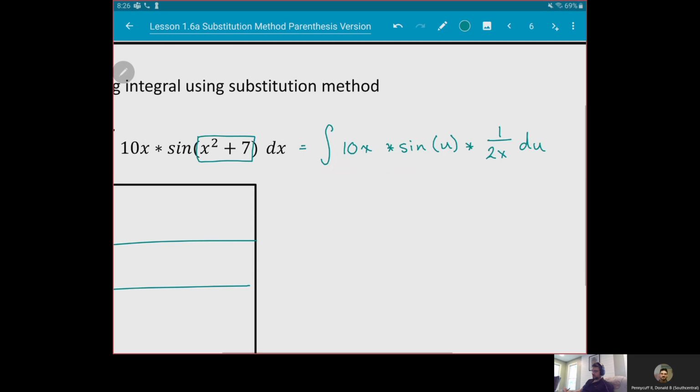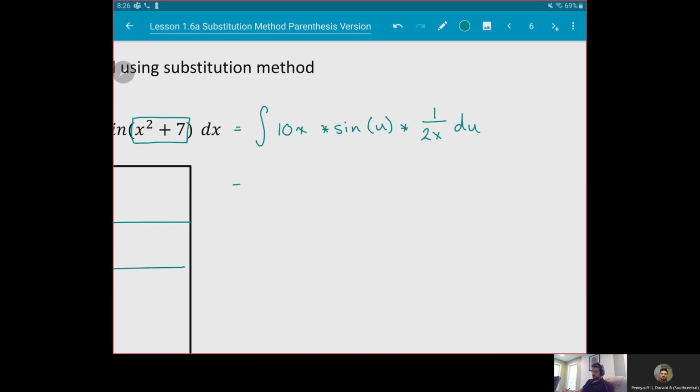So the 10x and the 2x can come out front because they are no longer live letters. So they're now free to move about. And this is going to give me sine of u du. Okay, so this simplifies to 5.